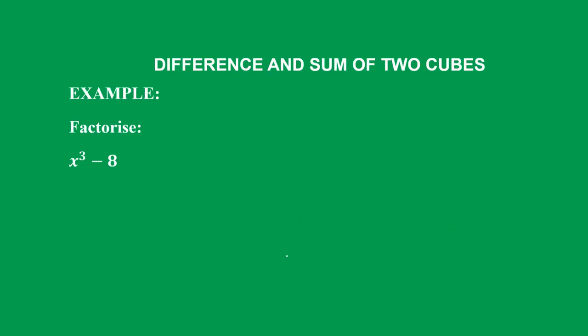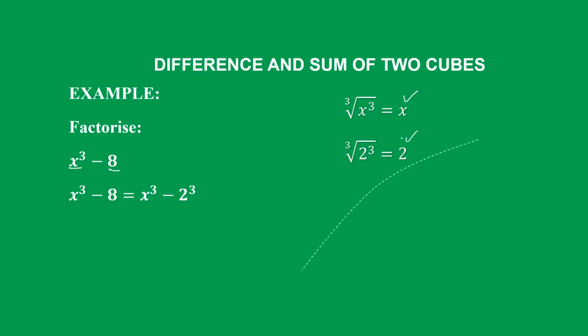Okay, now let's use what we have learned to factorize the difference and sum of two cubes. What did we say? We're going to find the cube roots of these terms. So the cube root of x cubed is x, and then the cube root of 8. 8 is 2 cubed, so the cube root of 8 is 2. So we're going to form our first bracket with these two.